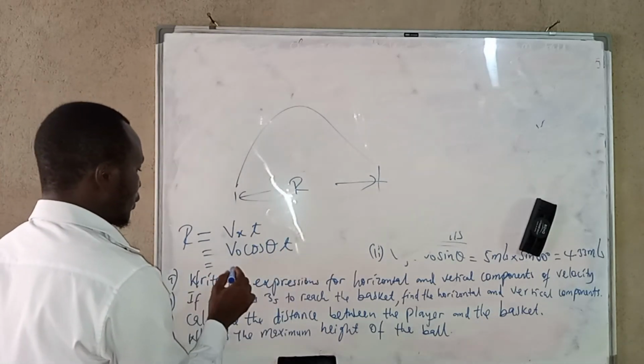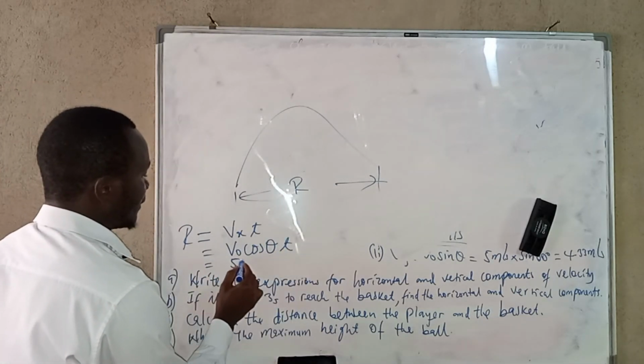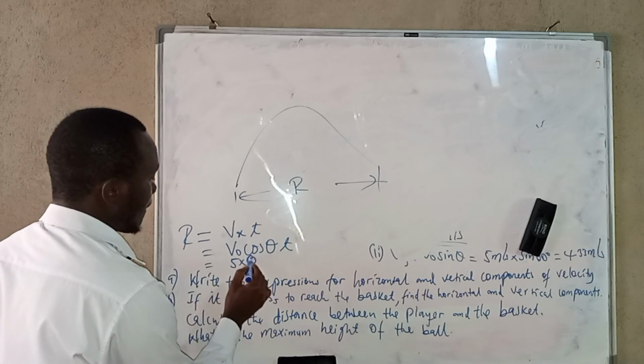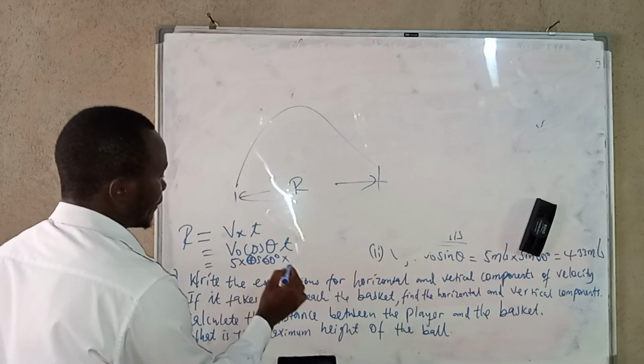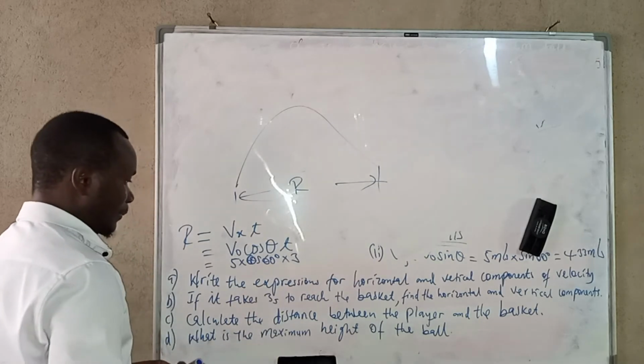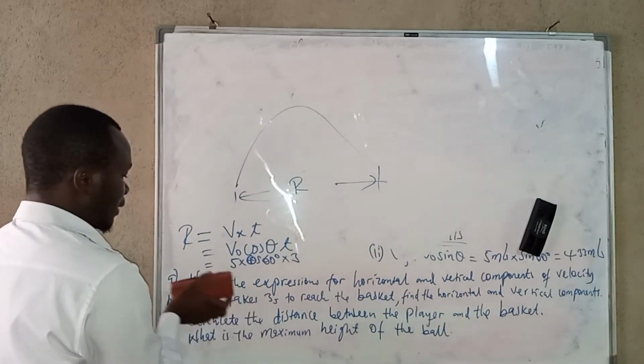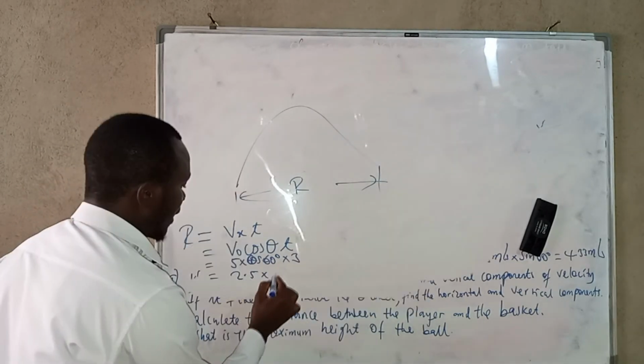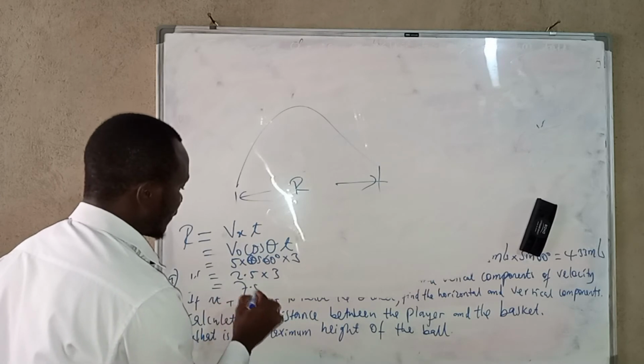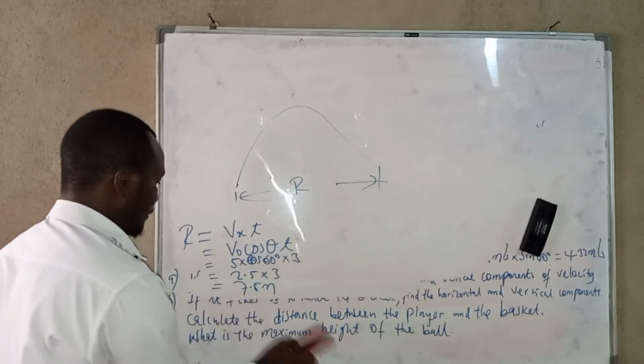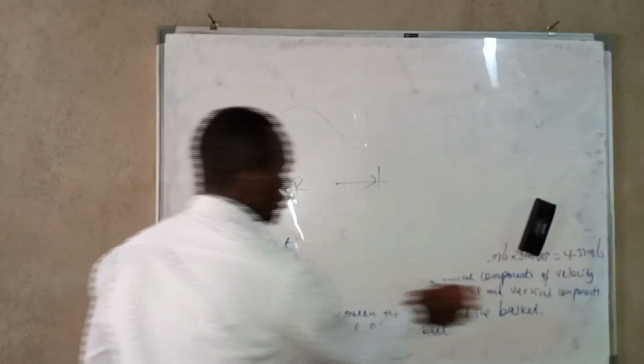We plug in the values, we have 5 times cos 60 times 3. So here, what we're going to get is 2.5 times 3, which will give us 7.5 meters as the range.